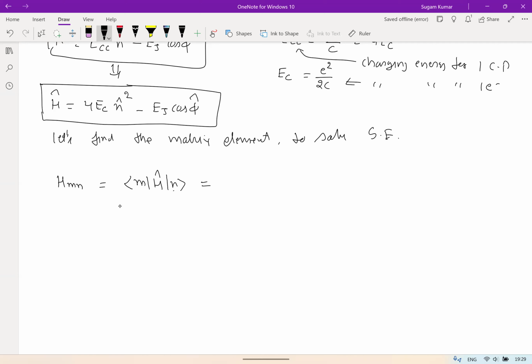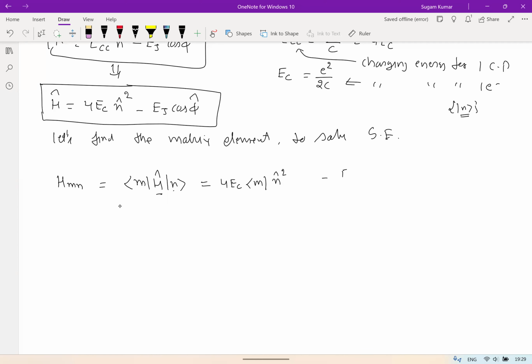You have a set of eigenstates, and M is also one of those, but we can make a condition that M equals N or not equal to N. Now if I put in this value of H from this equation, this is going to become 4 times EC, M, N cap square, N minus.